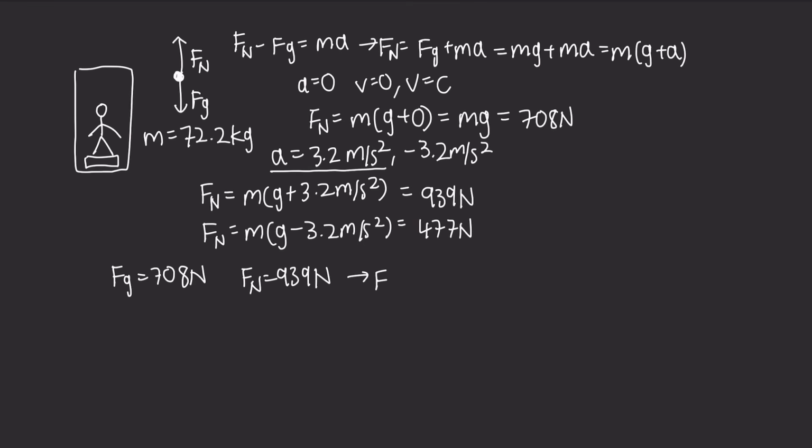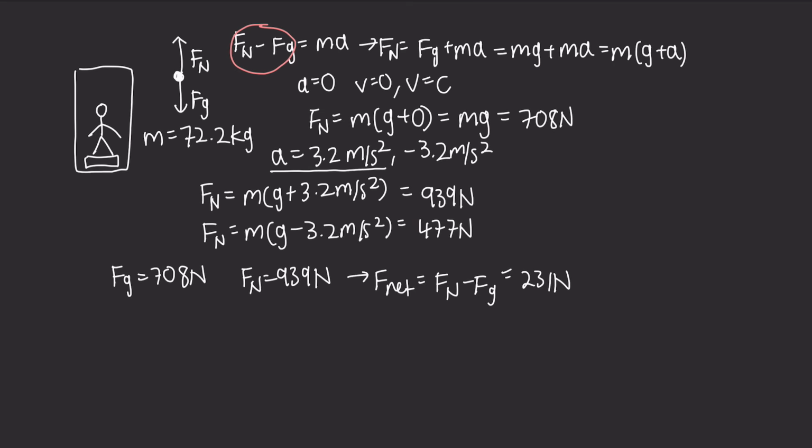So the net force on the passenger is simply equal to the normal force minus the force of gravity, as we stated at the beginning. And that is simply 231 newtons, during the upward acceleration.